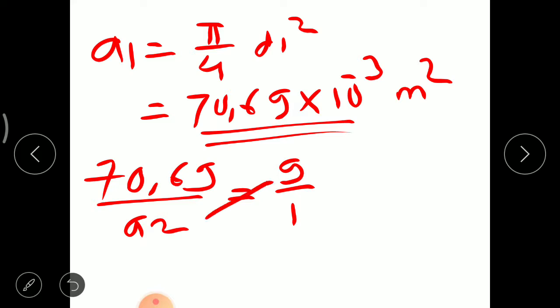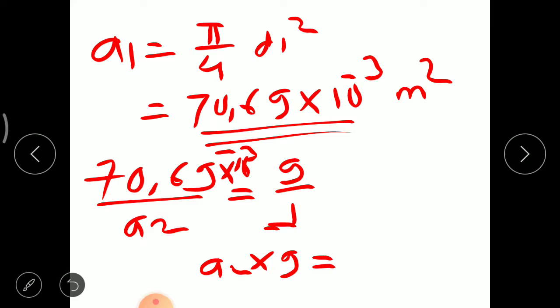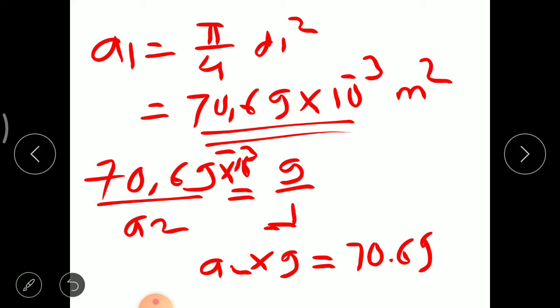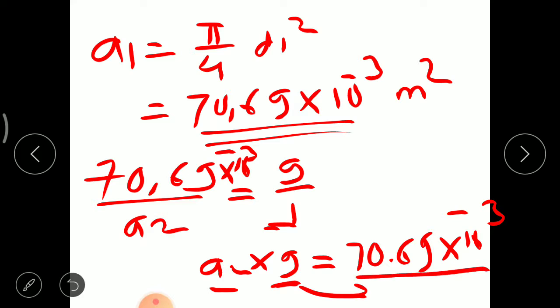Just cross multiply and we get A2 into 9 is equal to 70.69 into 10 raised to minus 3 multiplied by 1, which is 70.69 into 10 raised to minus 3 meter square. The 9 is multiplied to A2, so when it comes to the other side, this quantity gets divided by 9.